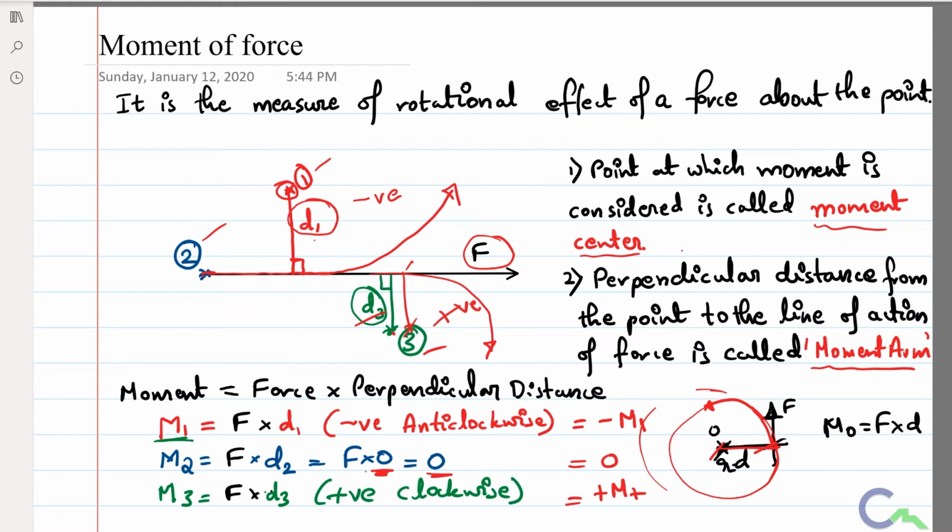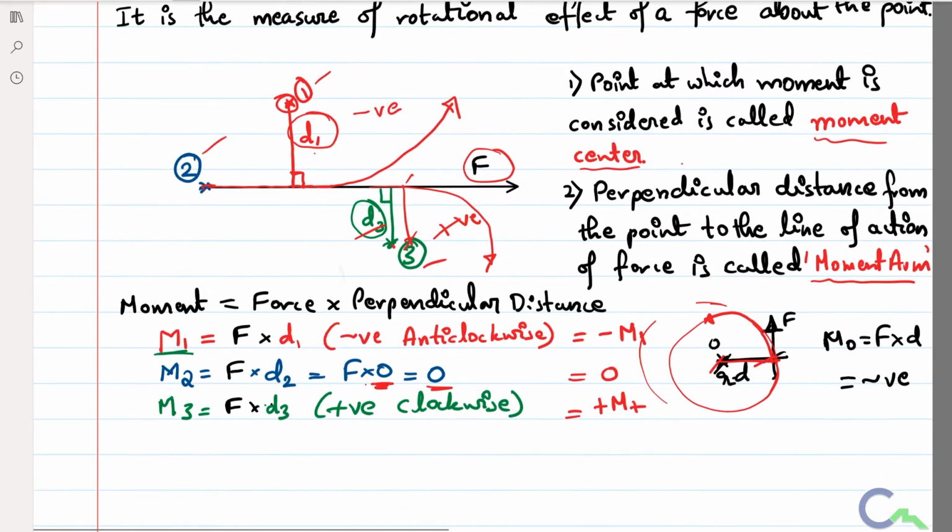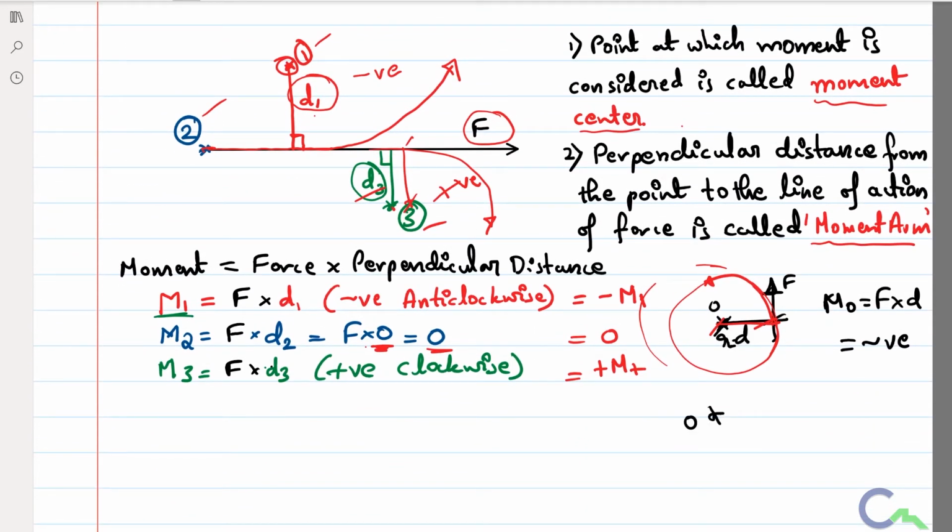Therefore, this is an anti-clockwise moment. For the same point O, one force is acting like this. I will take this as radius R, the moment arm or distance D. This is the force. If I am considering moment MO, it is force into distance D. If I take this as radius and create a circle like this, it is rotating clockwise, therefore this moment is positive. So this is the concept of moment of a force.